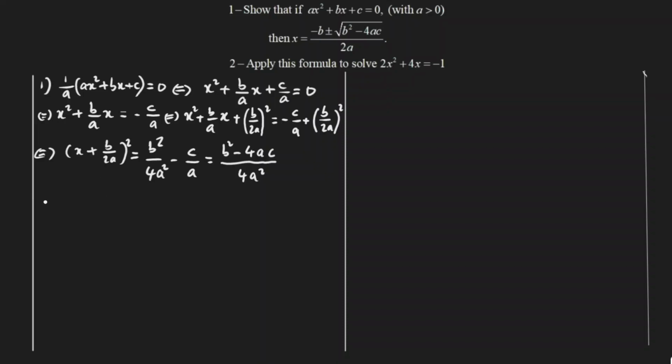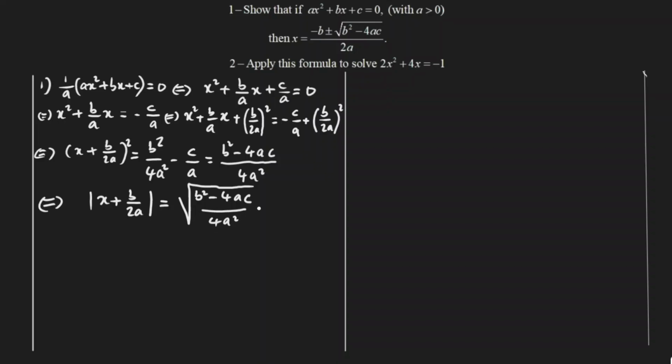So here we can say that this equation will be equivalent to the absolute value of x plus b divided by 2a equal to the square root of b squared minus 4ac divided by 4a squared.